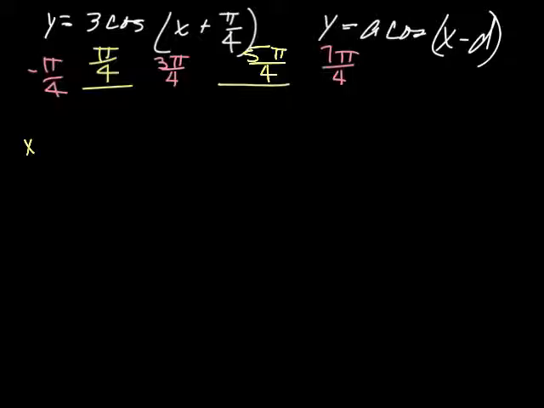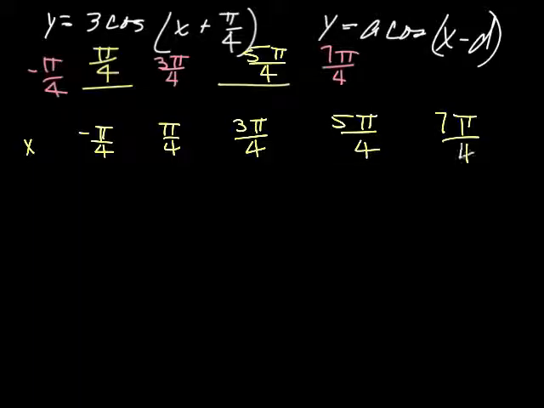So there are my 5 places along the x-axis that I'm interested in. I'm going to draw my x values: negative pi over 4, pi over 4, 3 pi over 4, 5 pi over 4, and 7 pi over 4. Now I'm going to take x plus pi over 4. When I take negative pi over 4 plus pi over 4, I get 0.